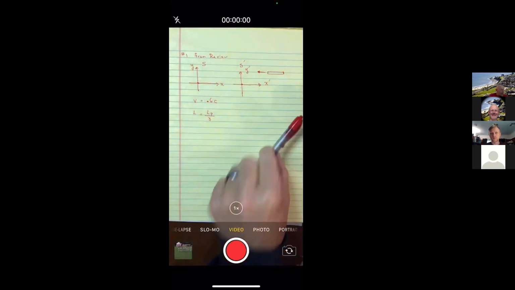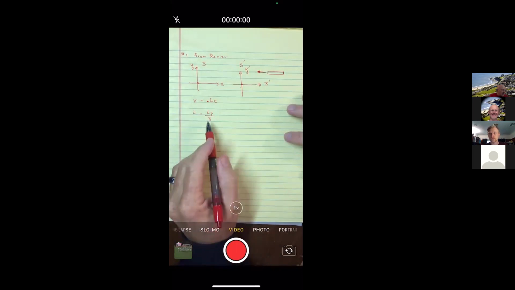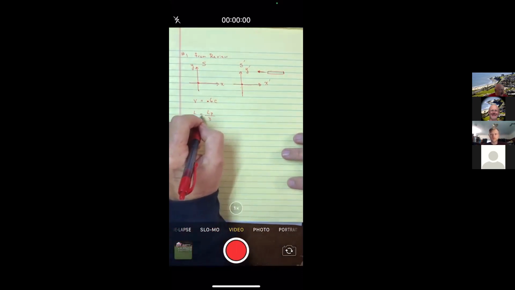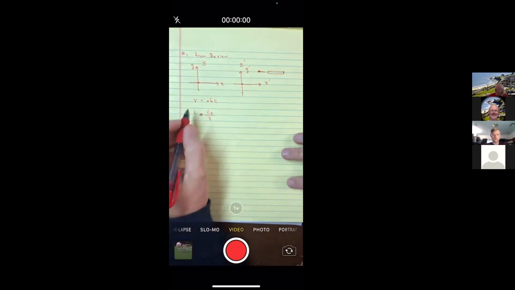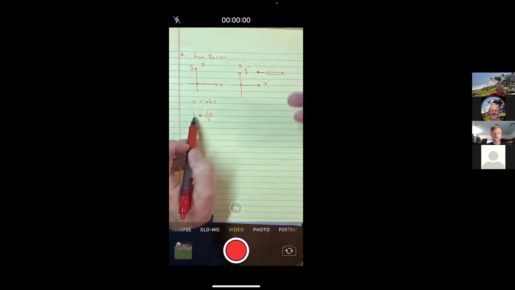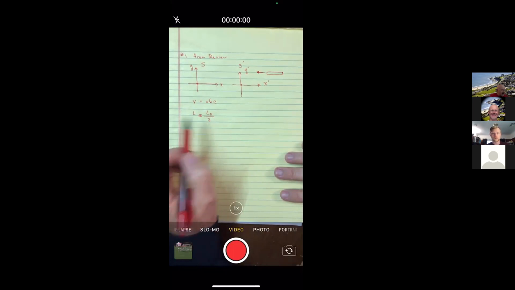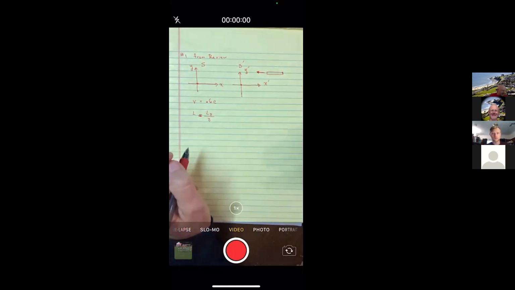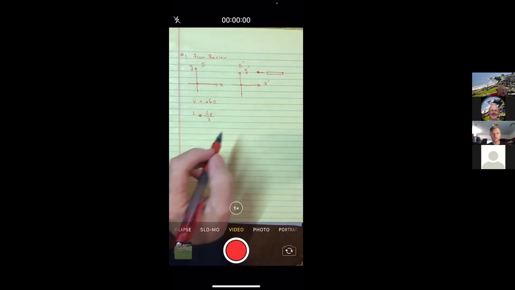Okay, so this is what we say. We like to say that the length as observed by somebody in a non-proper reference frame would take the proper length and divide it by this gamma factor. So what is proper length?